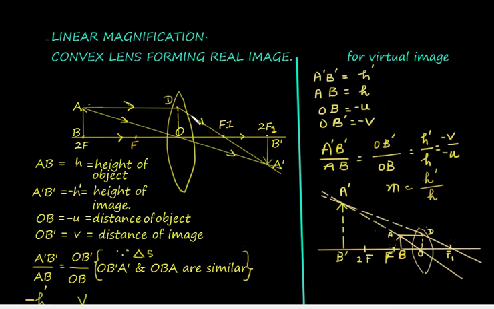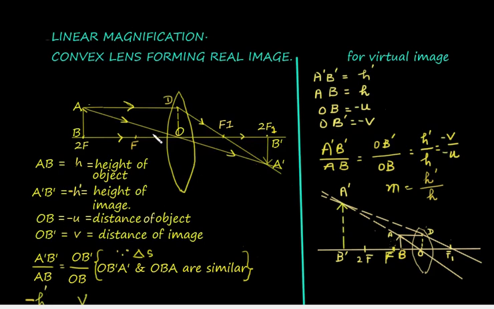Now let us see the details. The distance AB is the height of the object taken as h. The distance A dash B dash is the height of the image and it is taken as h dash. It is given a negative sign because as per new Cartesian convention, any measurement that is taken in the downward direction of the principal axis should be considered as negative.